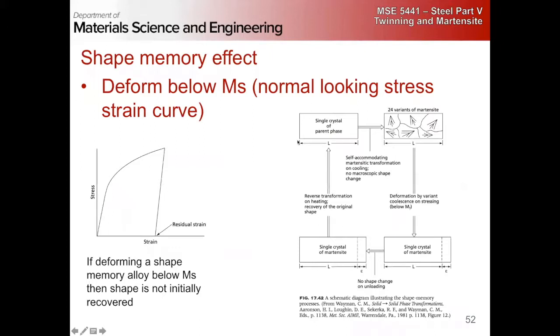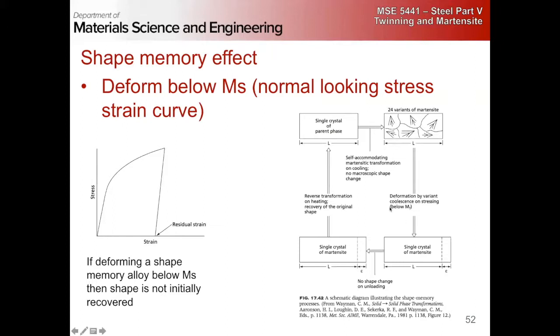The shape memory, on the other hand, right? So if we have a shape that's austenite, then we rapidly quench it, we get a martensitic transformation on cooling, and provided we keep it fixed in shape, we don't have a shape change, right?